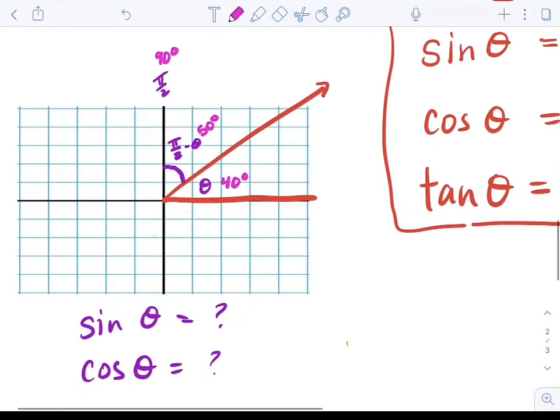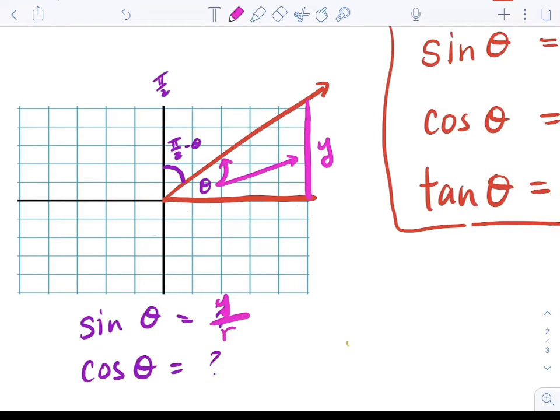So I know that for our original triangle that we have, I'm going to erase our values because we're not going to use those. I'm just going to think of it as theta and pi over 2 minus theta. For the original triangle, let's take sine, for example. Sine would be the opposite. This is my y value, right? Because I'm going up on the grid. Sine is equal to y over hypotenuse, which is my r, my radius. Let's look at our other angle here and see what is y over r. Well, I'm going to make this triangle here. Let's use a different color.